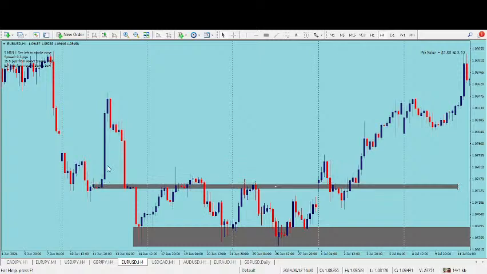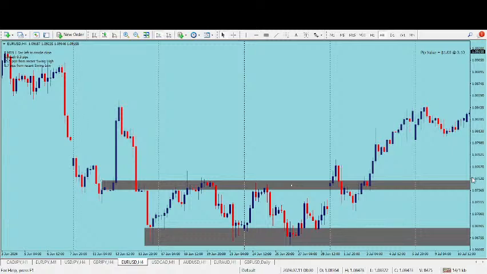Now look at here, because we had a kind of little swing here before the market continued going down. If you check here, the market wanted to form a kind of double bottom here before it took it out. So here was a very, very important area.